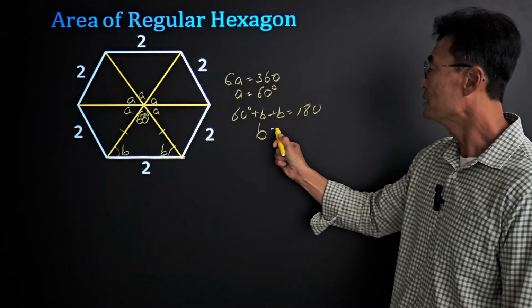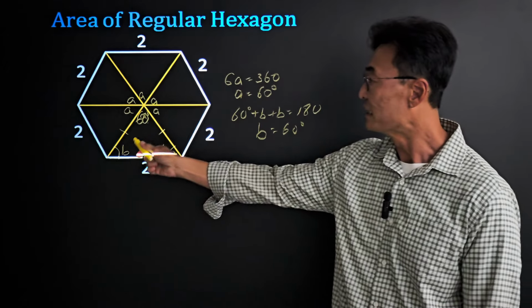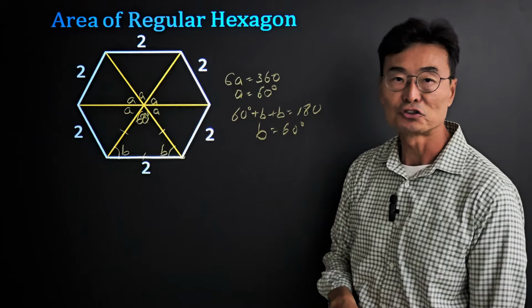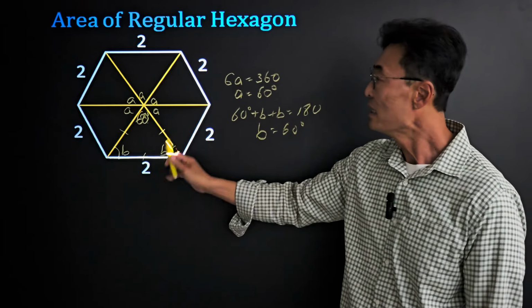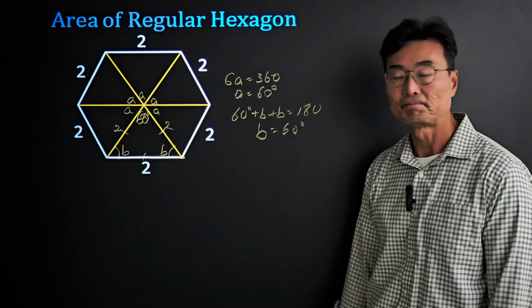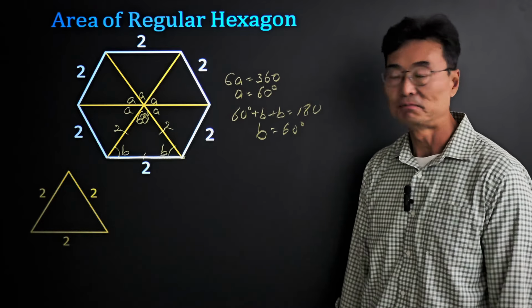Then we have B equals 60 degrees as well, which means that it's an equilateral triangle where if the base is 2 of that triangle here, then the other 2 sides are going to be 2 also. To simplify, let's go ahead and draw that triangle down here.